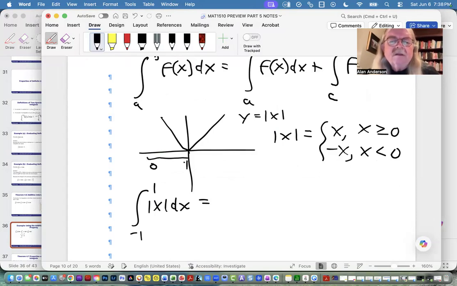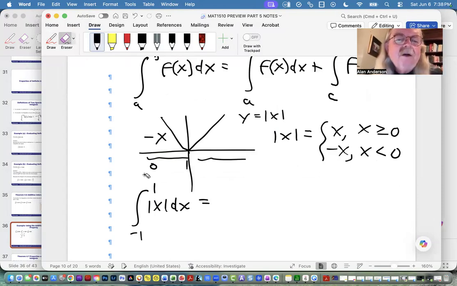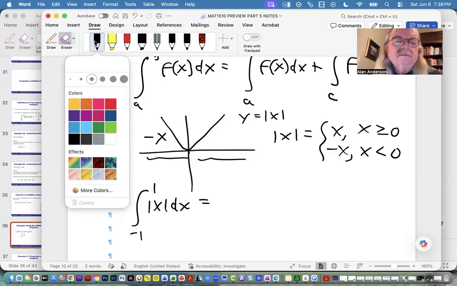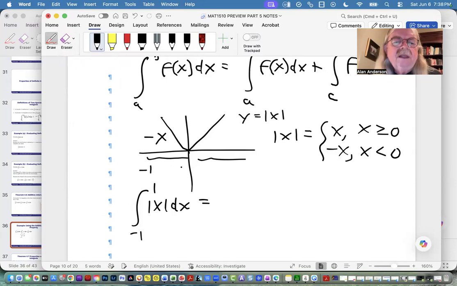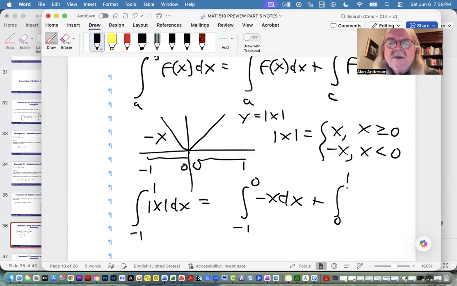From 0 to 1, we just simply have negative x. And from, whoops, sorry, 1 to 0, I should have said, the function is actually just negative x. And then from 0 to 1, it's positive x.